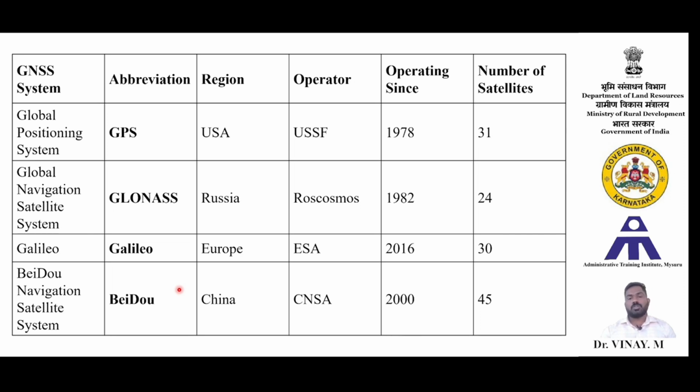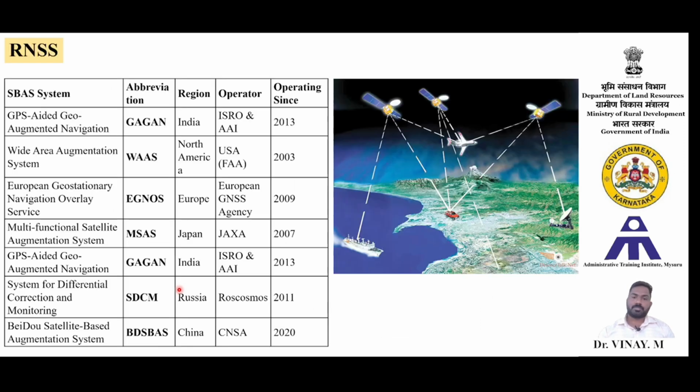hampered. If we take the example of India, if India is completely dependent on GPS, and based on selective availability the US turns off the GPS, then all the military equipment equipped with the GPS system will become unusable. That's why every country should have its own RNSS.